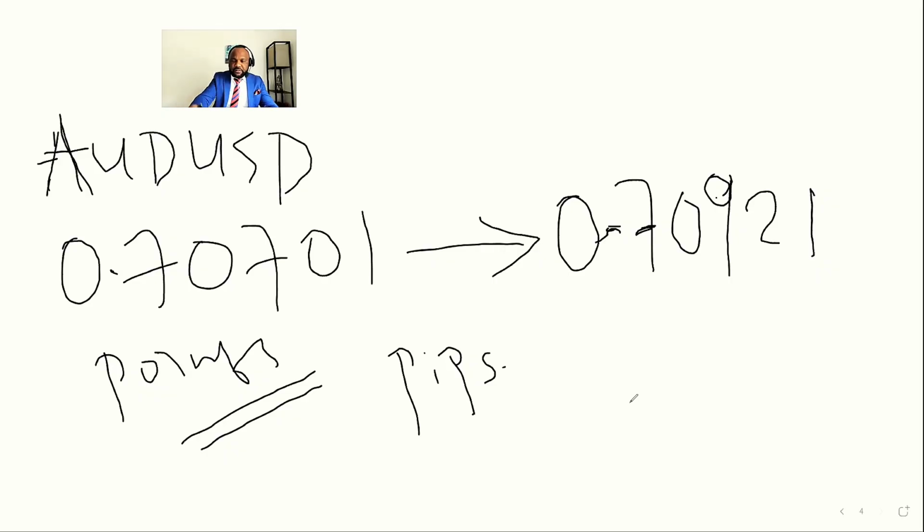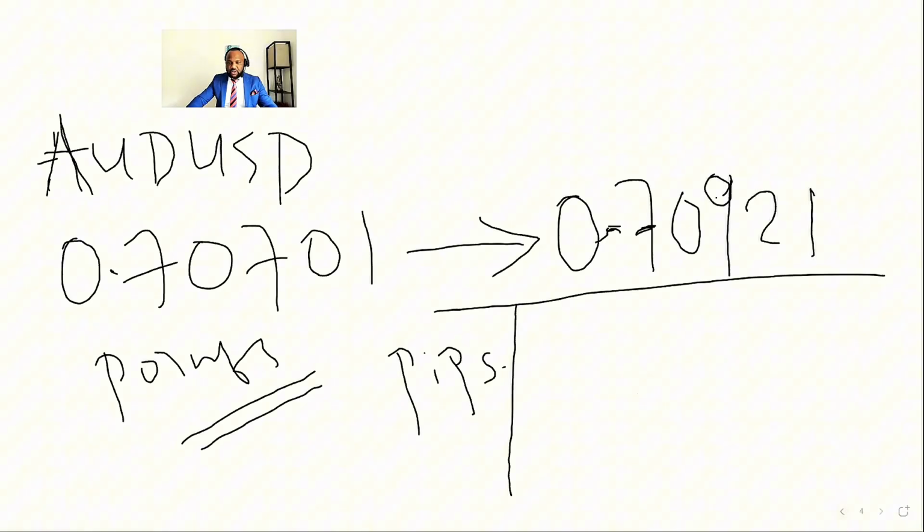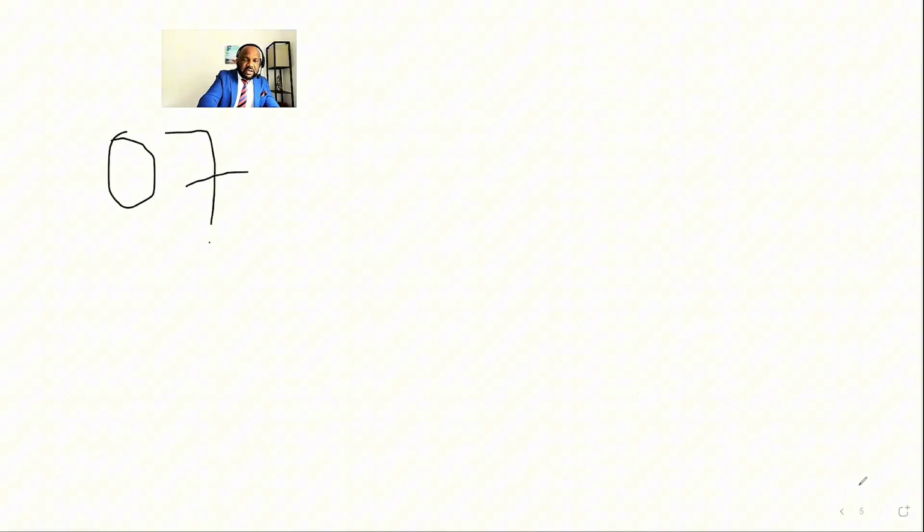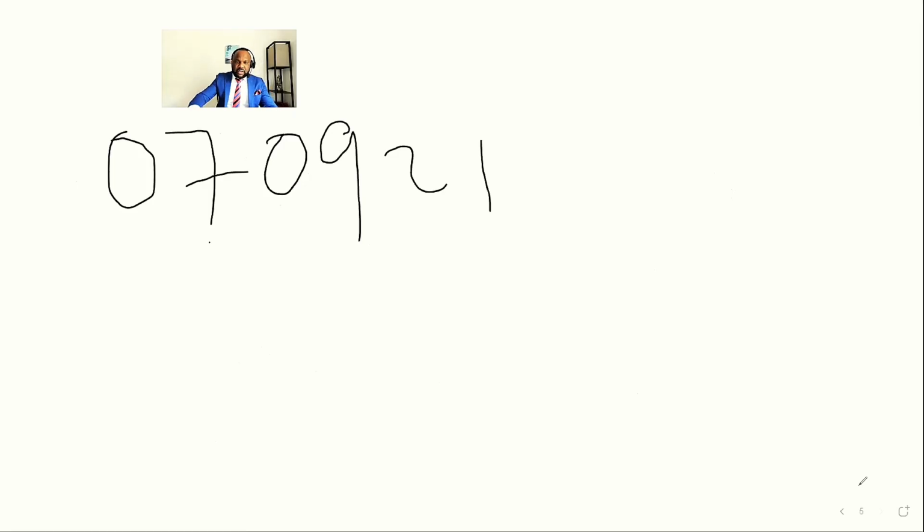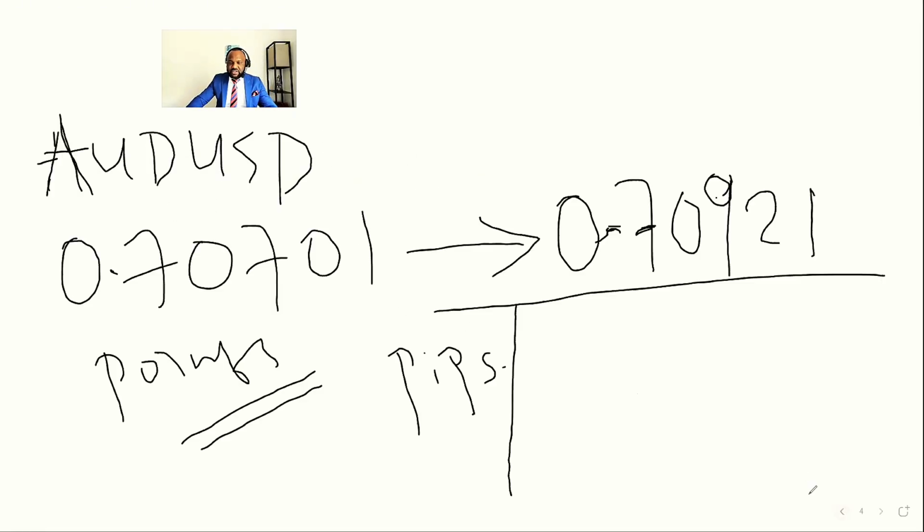When you remove the decimal, you get 0, 7, the bigger one on top, 07921, because we are subtracting. Your calculator will knock off this 0. Don't get scared of that. Just type it like that: 07071.